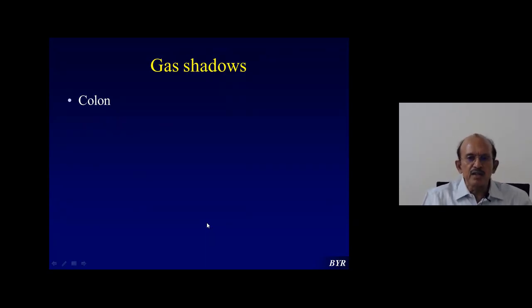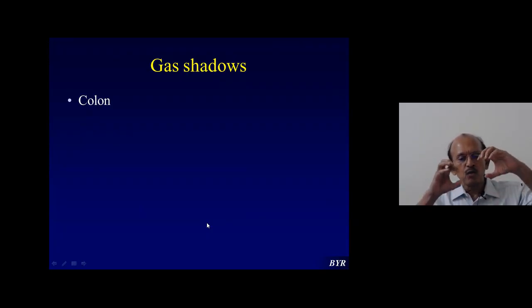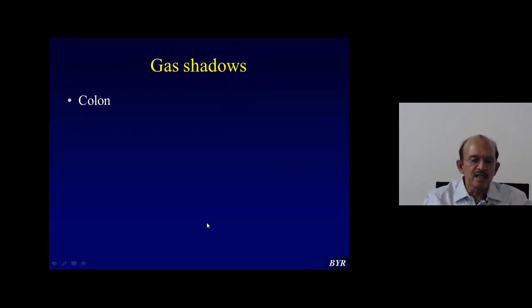When you look at the haustrations, they are there only on one side, inner side or outer side. Centrally, there is taenia coli. So what do you expect of the gas shadow? The gas shadow will have septations, but these septations do not pass from one border to the other. They will stop short of the other border.